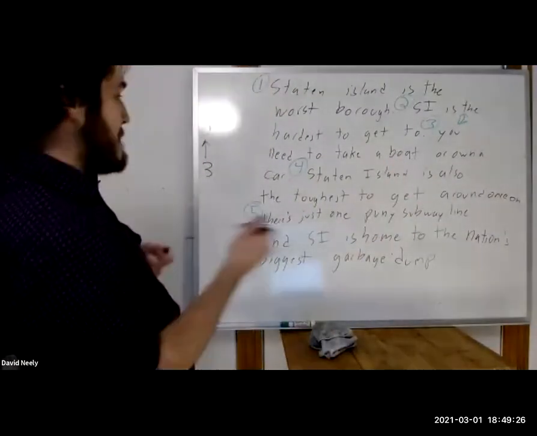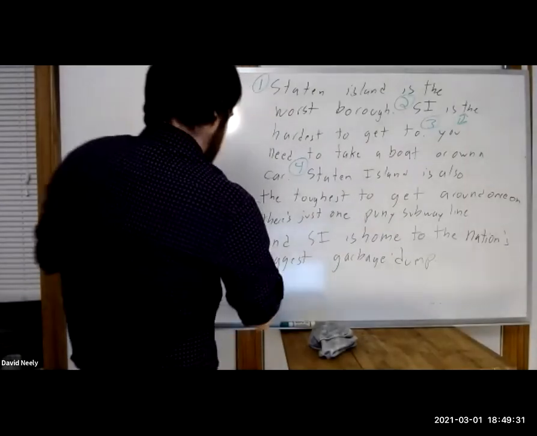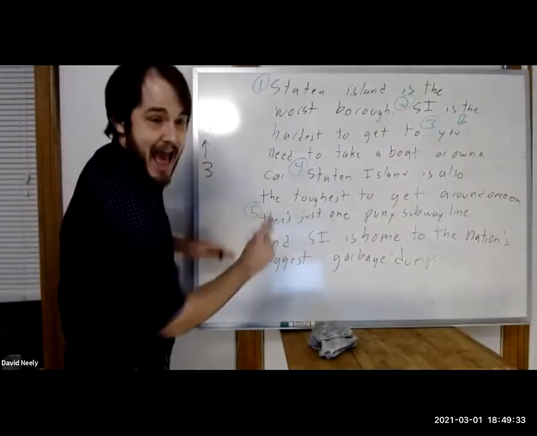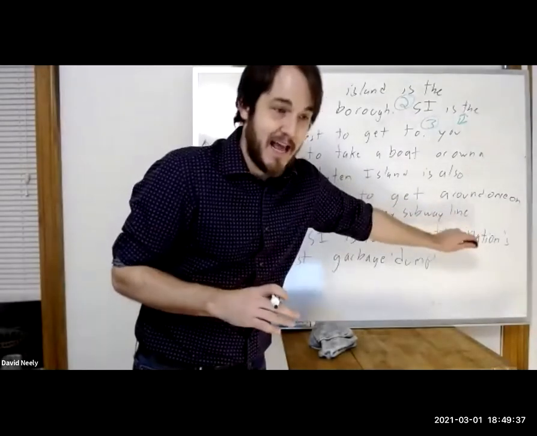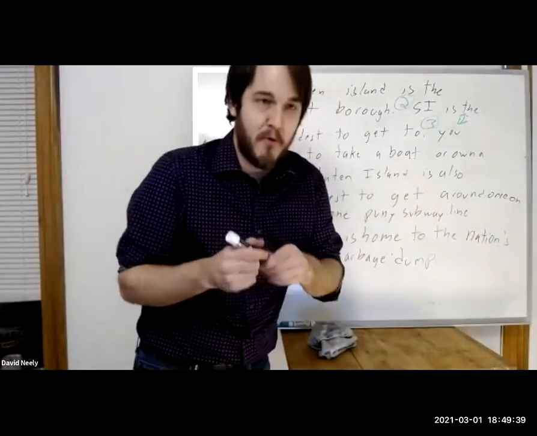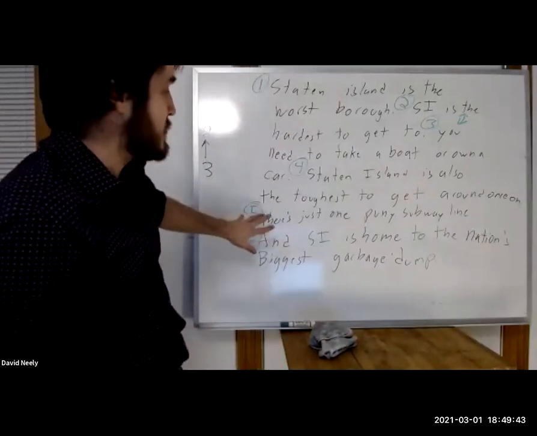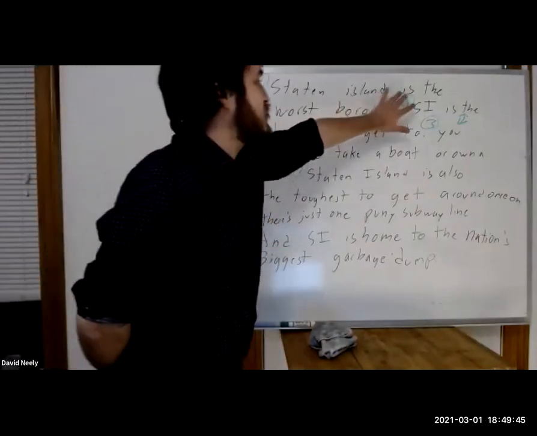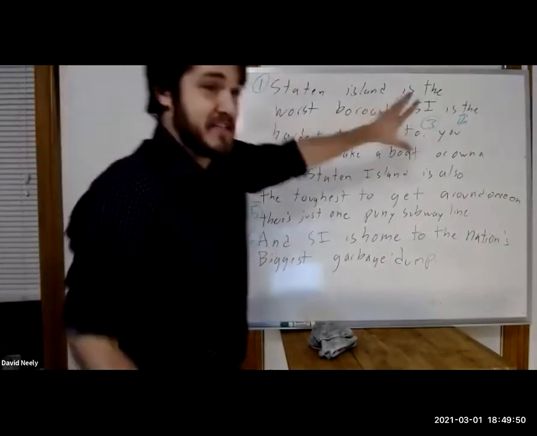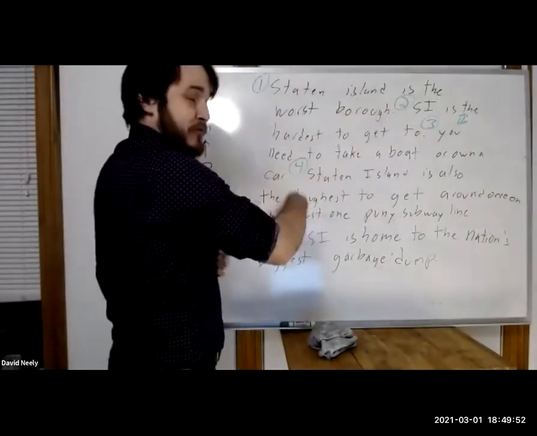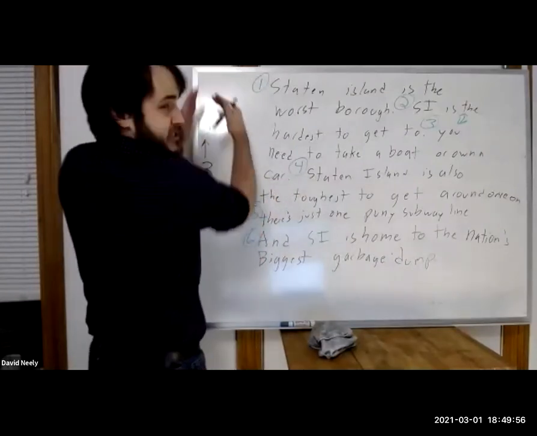So what you could imagine is that there's like another sentence here, like number, I guess, 5.5, which would be something like, all this means that Staten Island has the worst transportation of any borough. So if we were treating it as there's also that premise, you would be correct that we could treat 2 and 3 as one set of linked premises, and then we'd have a separate set of premises about the getting around once you're on it that would be also linked to transportation.